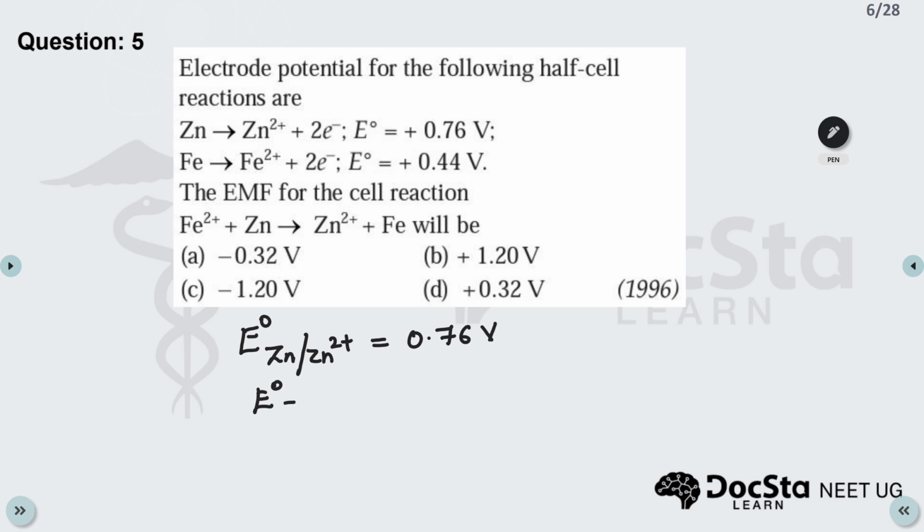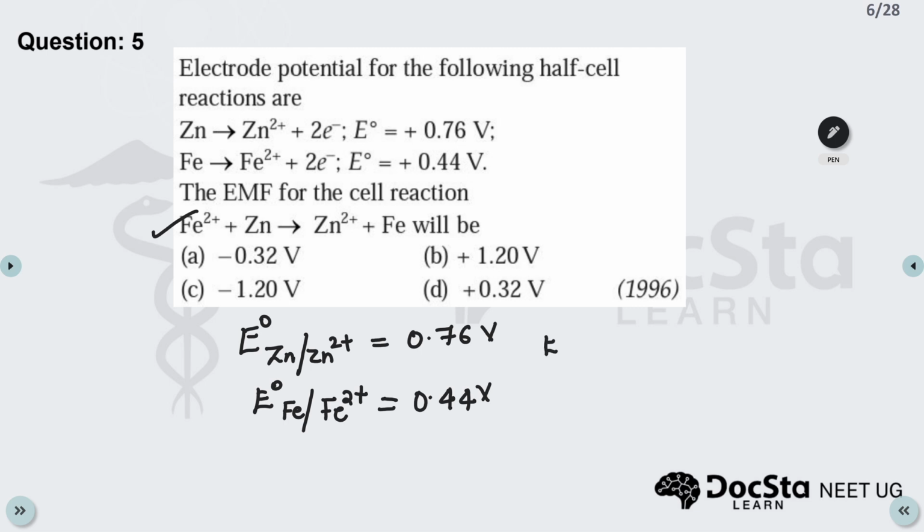Similarly, E0 Fe to Fe2 plus, isn't it? Iron is getting converted to Fe2 plus, and that is given as 0.44 volt, and you are asked to determine the E0 value of this reaction.